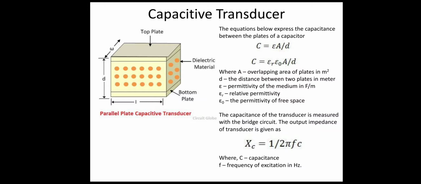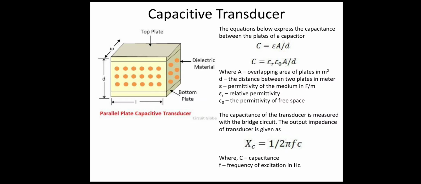It can also measure very small displacements in the micrometer range. Often the whole sensor is fabricated in silicon and is integrated with the processing circuit to form a small chip.